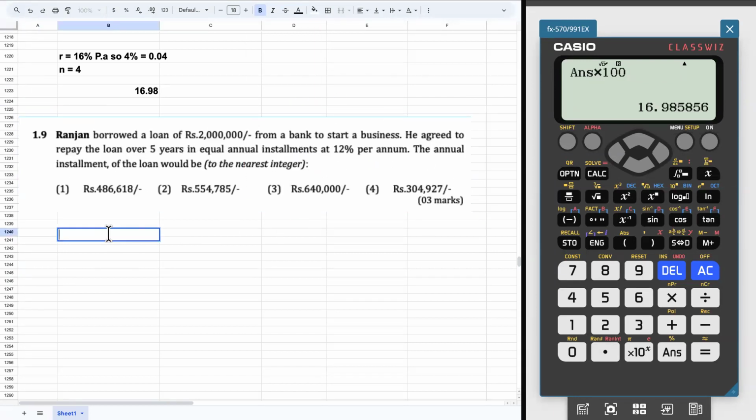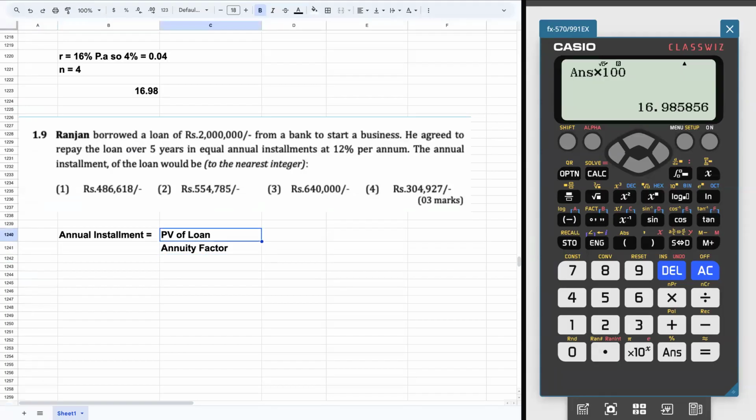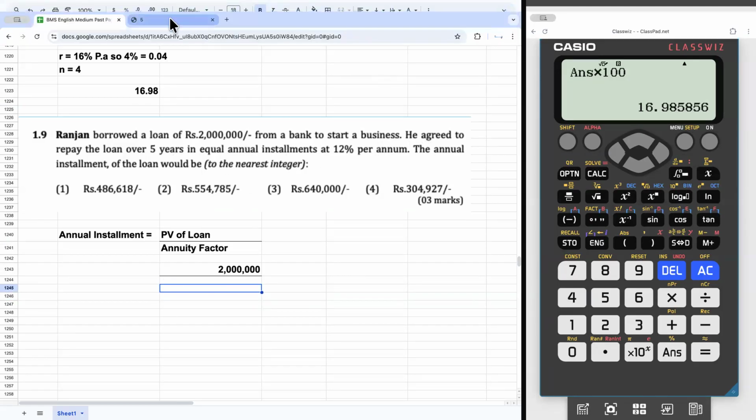right? As I mentioned earlier, there is a formula to calculate the annual installment, that is present value of the loan divided by the annuity factor, right? The present value is 2 million. The annuity factor, we can use 5 years, 12 percentage.